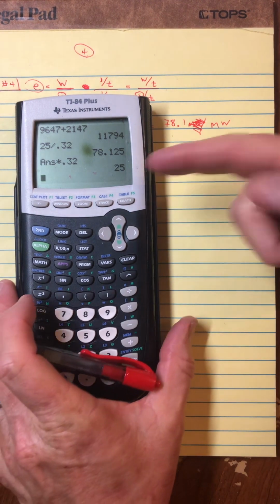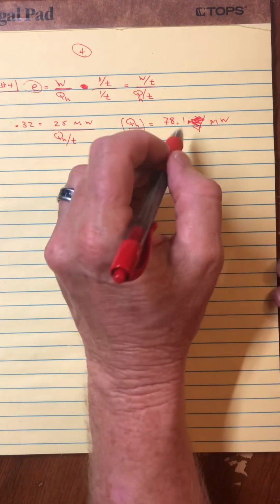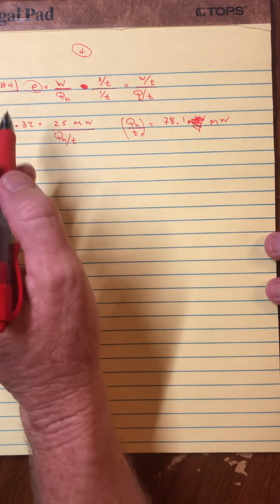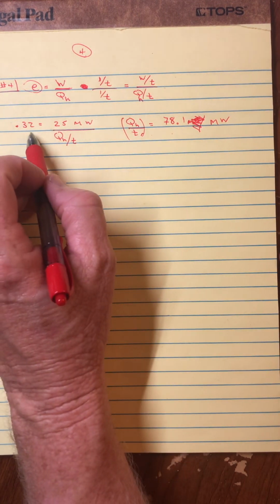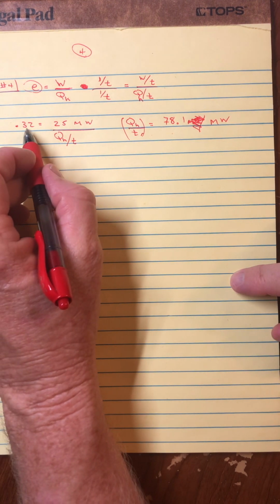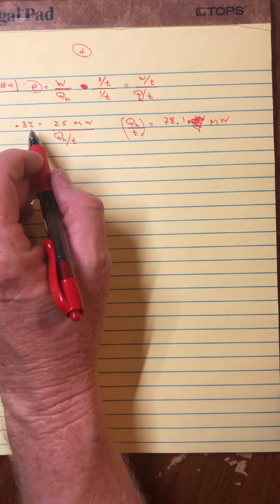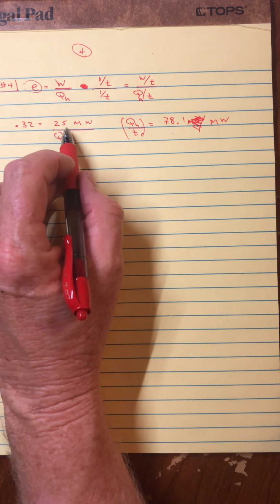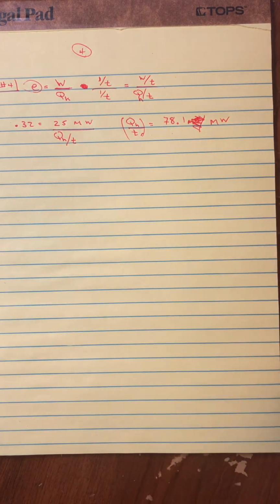So that's our 25 megawatts. So we burn way more than double, which makes sense because if it was only double, that'd be 50%. So we've got to be way more than double. Actually, a little more than triple, right? Because 33.3% would be triple. And so triple 25 is 75. Yeah, so we're just a hair over 75.